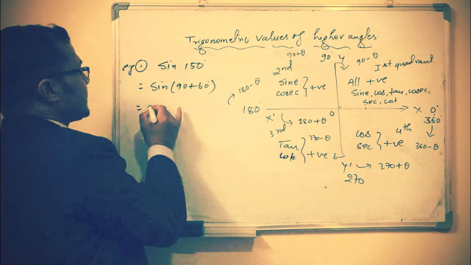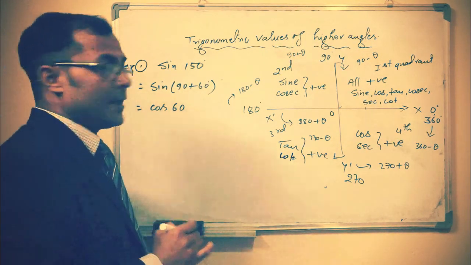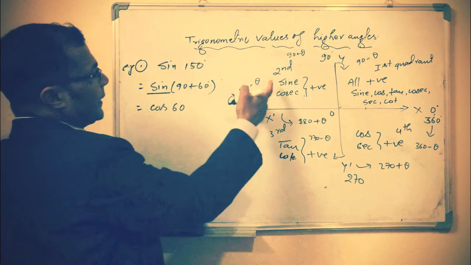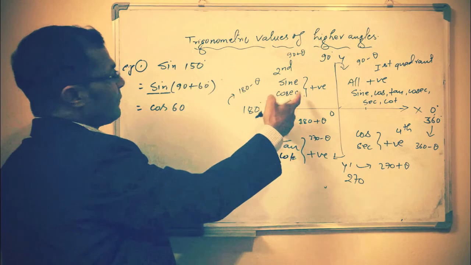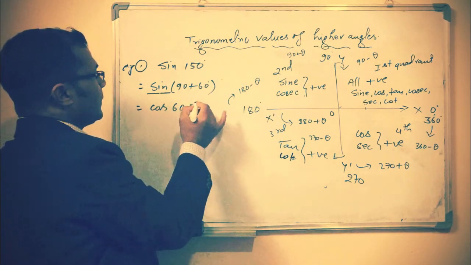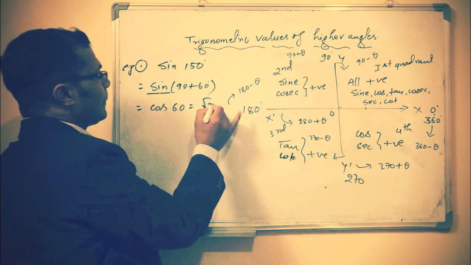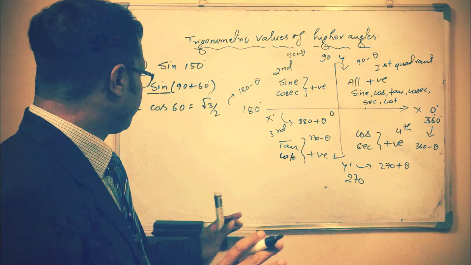Right? And sine changes into cos and this 60 stays as it is. And in the second quadrant, you have to check the sign: sine is positive in the second quadrant. So cos 60. And what is the value of cos 60? 1 by 2. Simple.